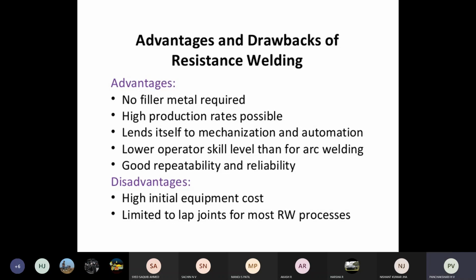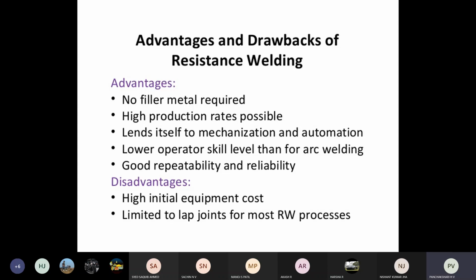Then a high production rate is possible. It lends itself to mechanization and automation. It means that automating the welding process is very easy. Unlike electrical arc welding, this takes place between the metal parts, so it can be easily automated.